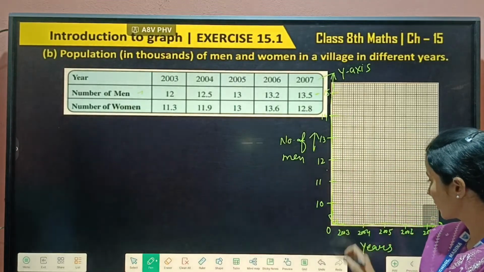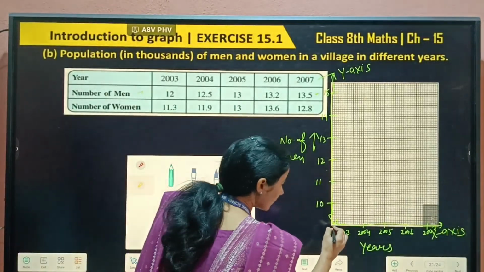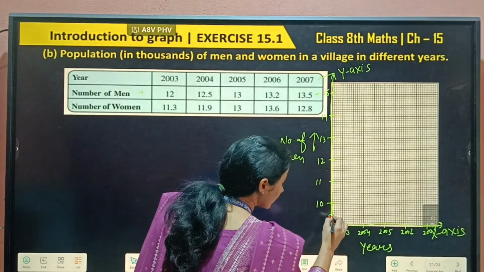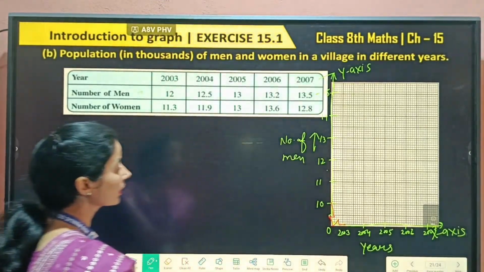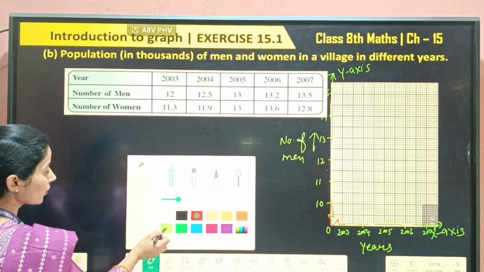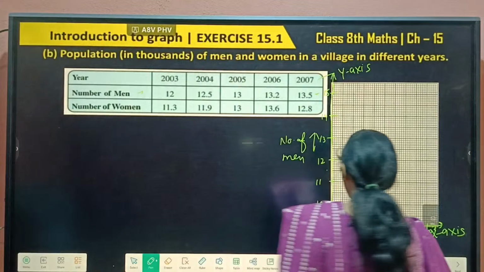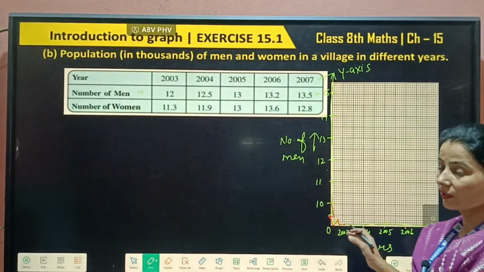This jagged line is showing that in between all intervals are present, but we are not showing them.